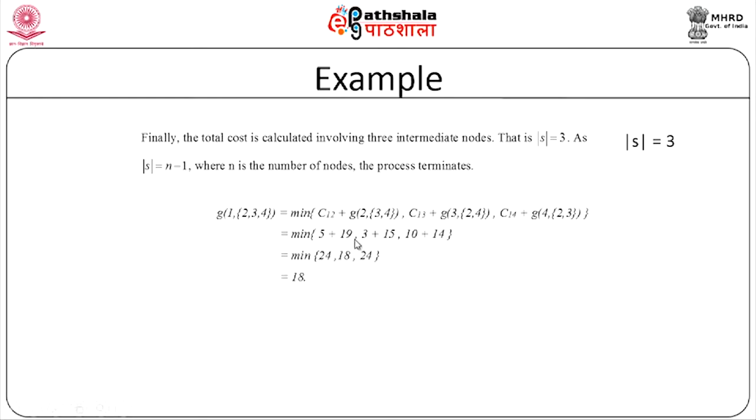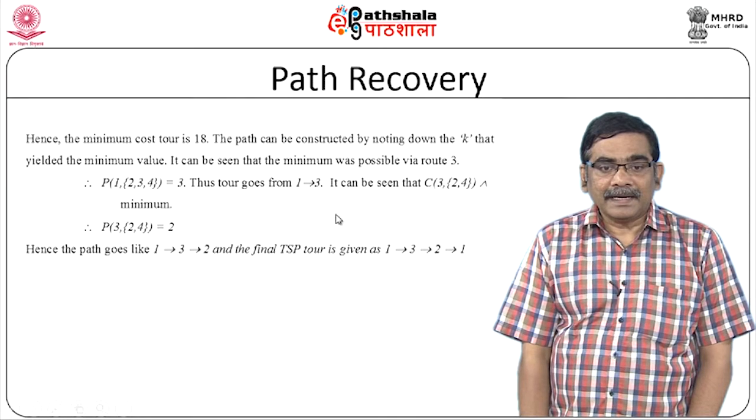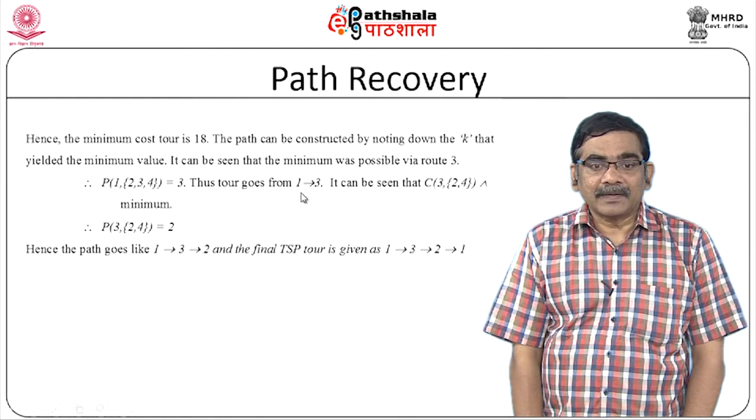You can see the minimum is obtained from traveling C 1 3 and then G 3 comma 2 comma 4. If we keep on tracking that, the path is recovered.